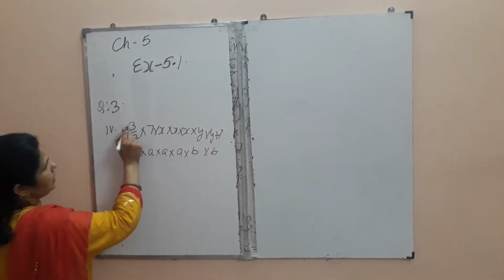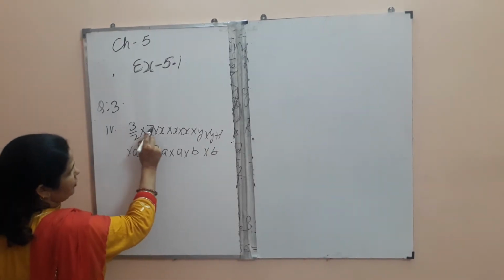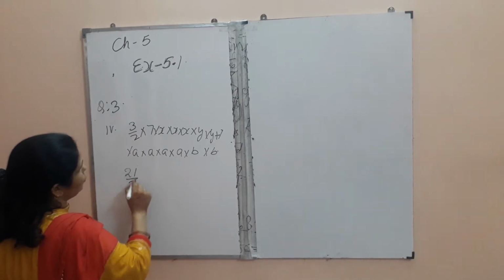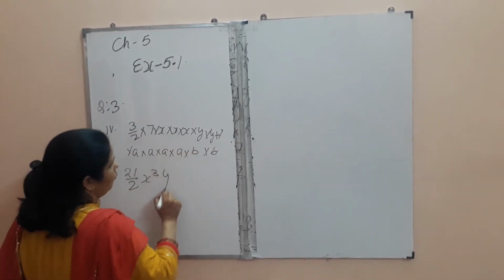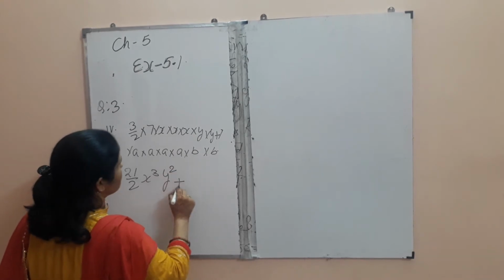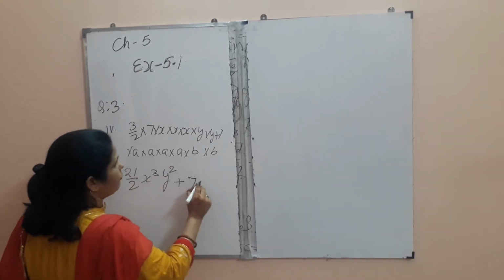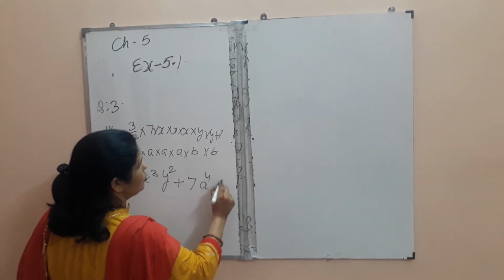So it will be 3 by 2 into 7, 3 7s are 21 by 2, x cube, x is there 3 times, y square, plus 7, a 4 times and b 2 times.